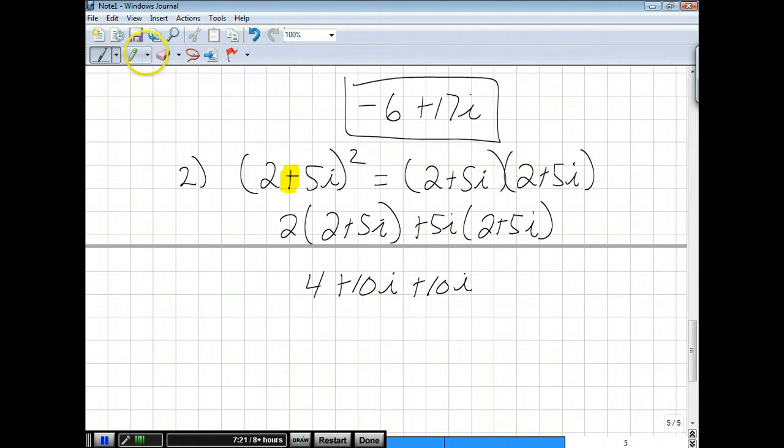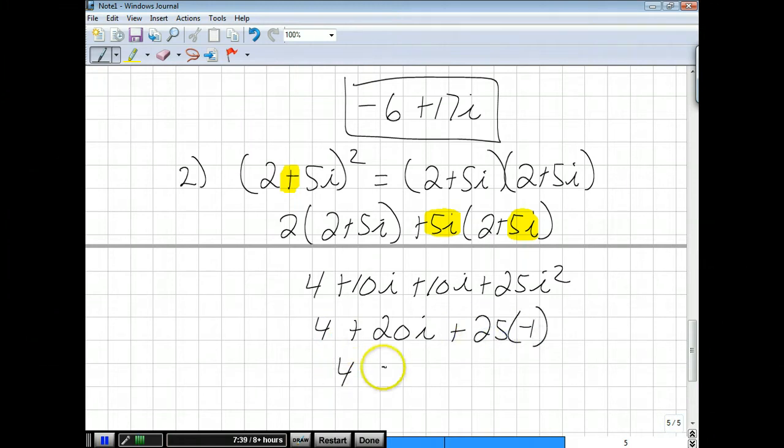And now here's where you have to be careful. 5i times 5i is 25i squared. Combine our i's here, but remember, i squared is really negative 1. So I really have 4 plus 20i minus 25.